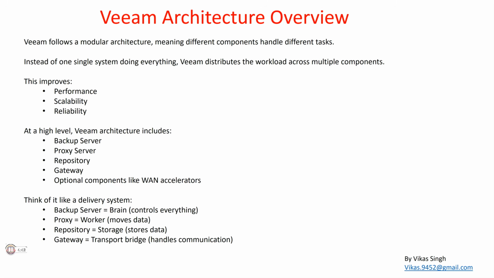The main components of Veeam are the backup server, proxy server, repository, gateway, and optional components like WAN accelerators. Think of it like a delivery system: the backup server is the brain that controls everything. The proxy is a worker that moves data from one location to another. The repository stores the data, and the gateway is a transport bridge that handles communication. This is the overall component structure of a Veeam deployment.